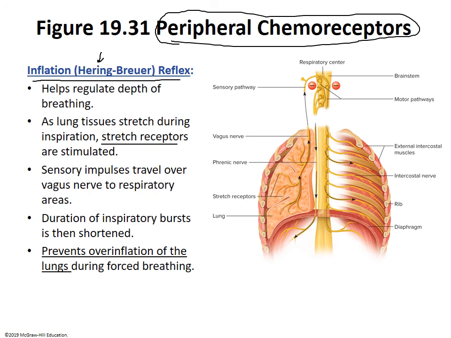As they get to a certain point, they travel to the respiratory area that we looked at, called the dorsal respiratory zone in the medullary respiratory center. And this will shut off my phrenic nerve and prevent overinflation of the lungs. This is the safeguard to keep me underneath that 58 milliliter threshold and not try to push it to 6,000 milliliters.